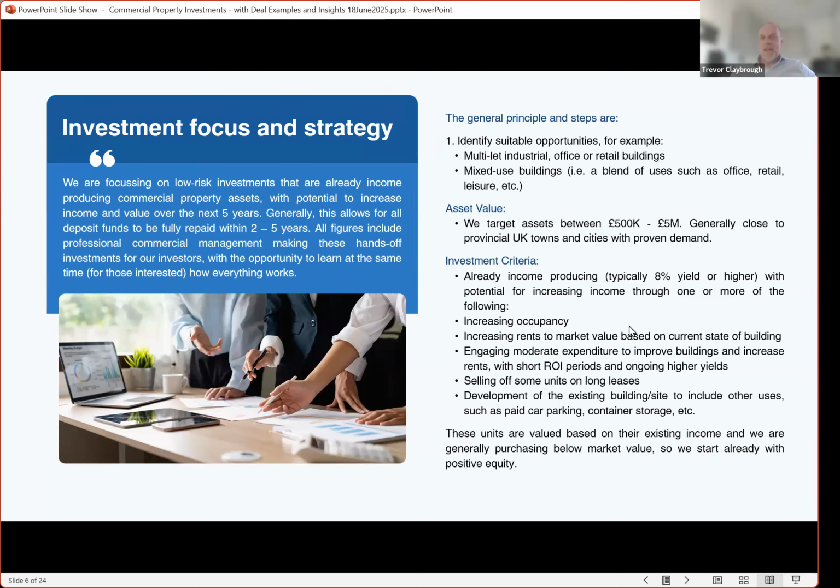We're not going to go into a lot of detail about commercial finance and how it works, but in a nutshell, we know this is based on the income and the commercial yields. So by increasing the income and the quality of the tenants, we can significantly increase the values in order to refinance, exactly the same as any type of property, and get the money out that we put in originally.